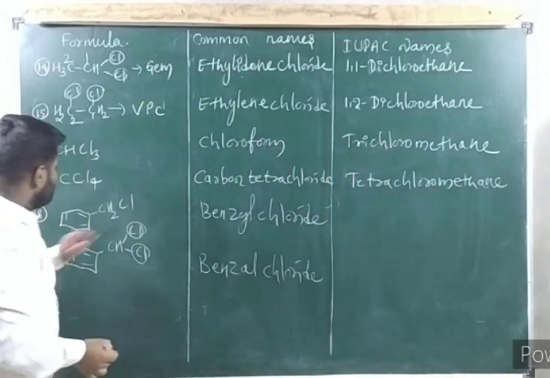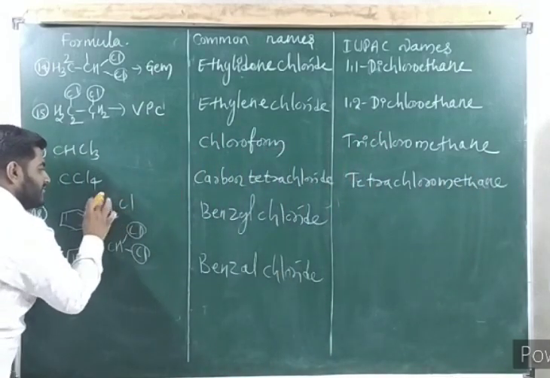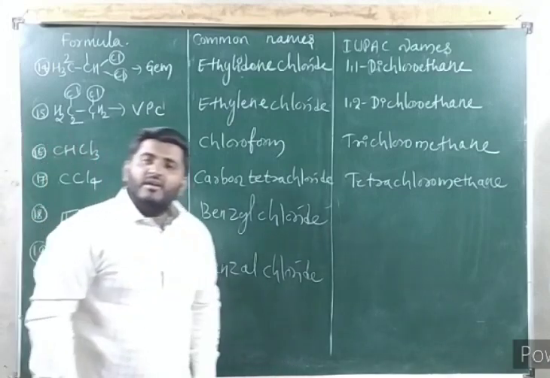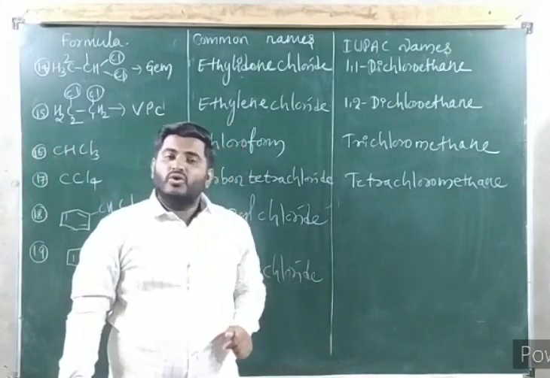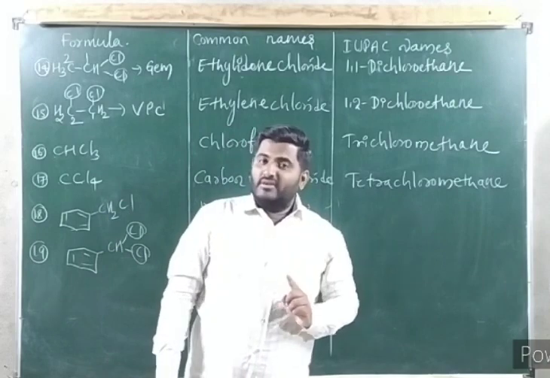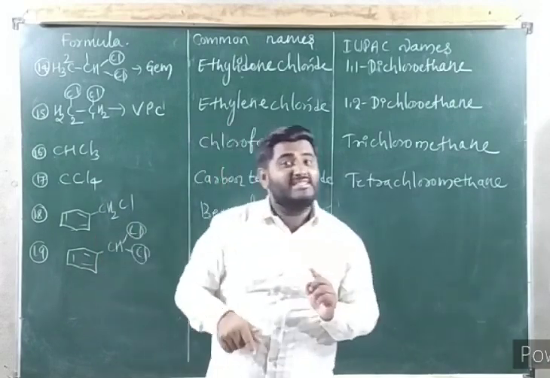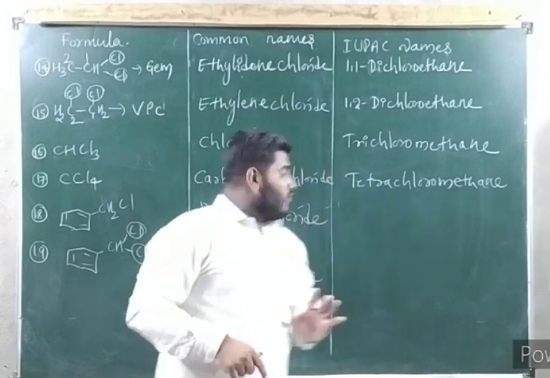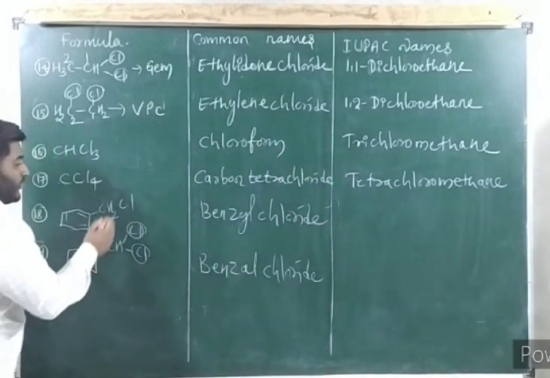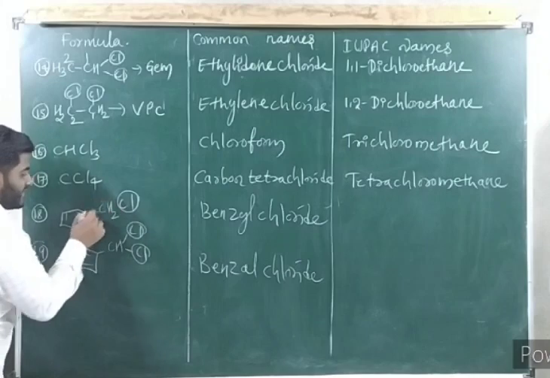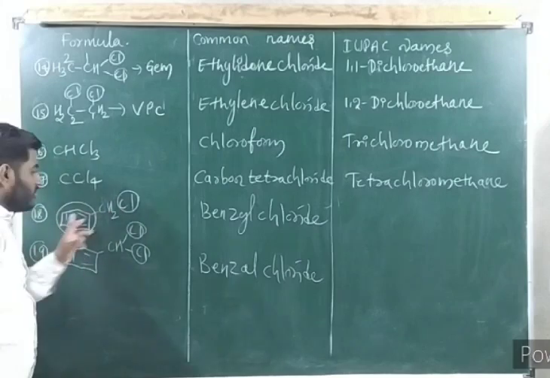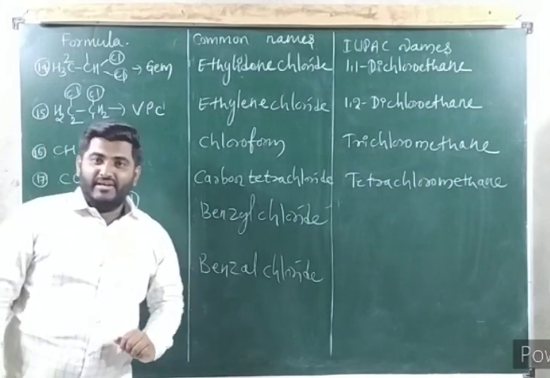What about this one? Always remember, the halogen is attached to a carbon, not on the cyclic ring. So the straight chain carbon acts as the principal chain, and everything else acts as a substituent. In methane, here chlorine is there, here phenyl is there. Both act as substituents. So what is the name?